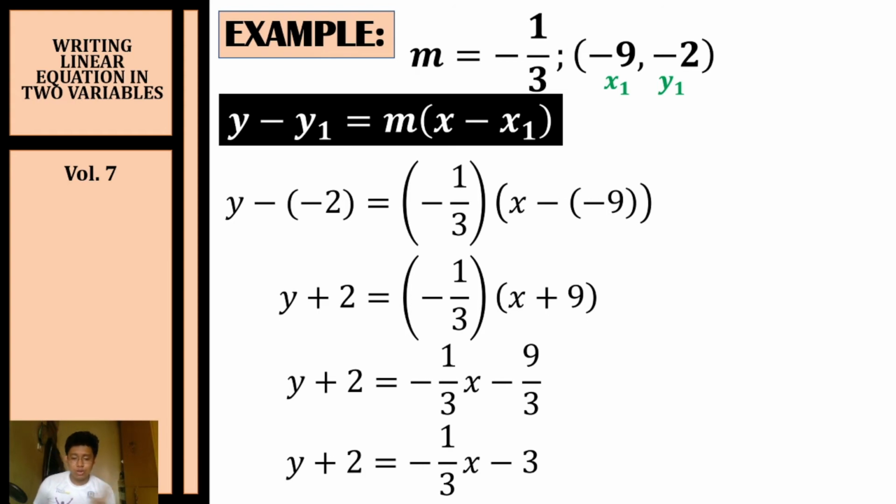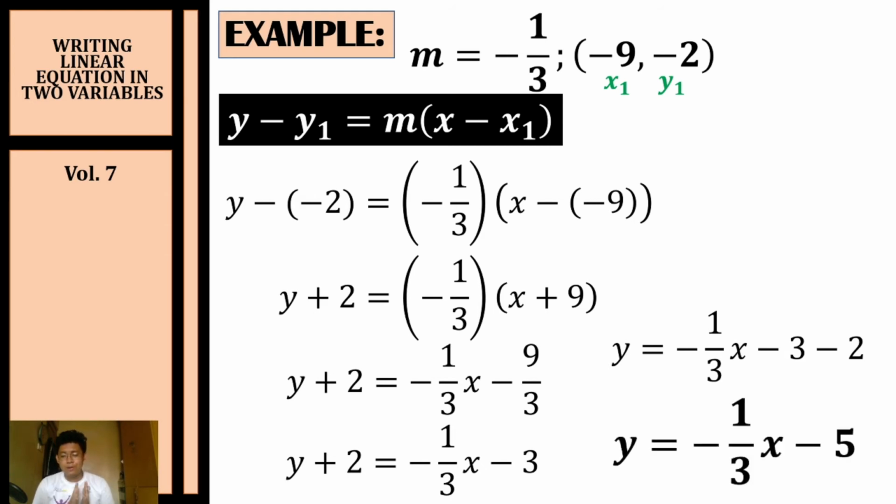Now, let's isolate y by transferring positive 2 to the other side of the equation. We will have y is equal to negative 1/3 x minus 3 minus 2, and now let's combine like terms to have our equation of our line. That will be y is equal to negative 1/3 x minus 5.